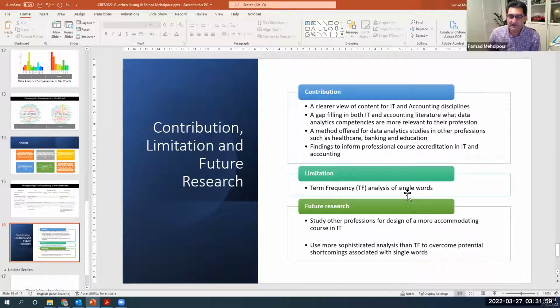It's also good for the job market, to get a better understanding of what kind of competences they should expect from graduates and applicants.